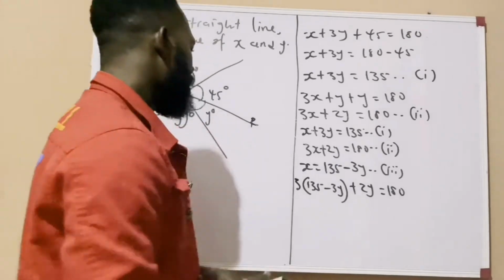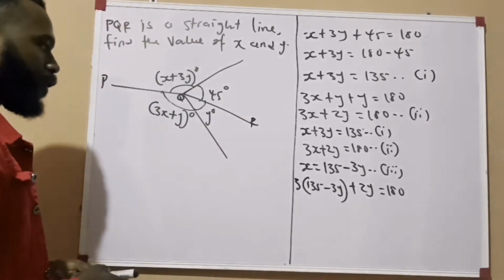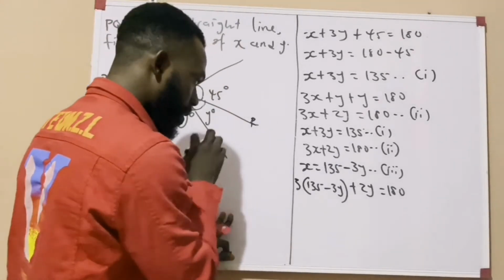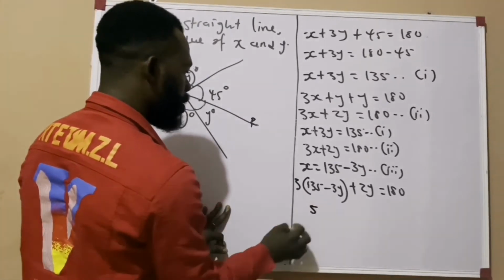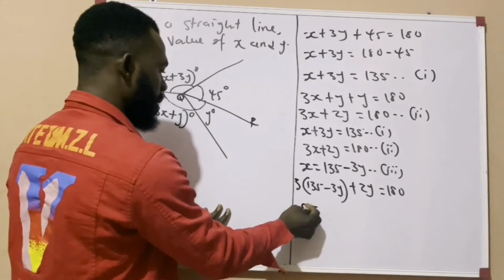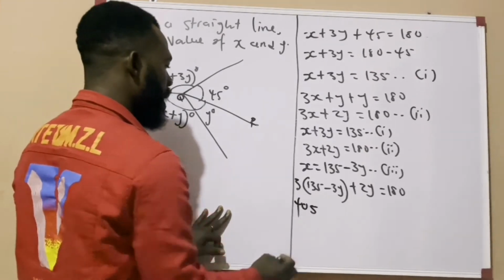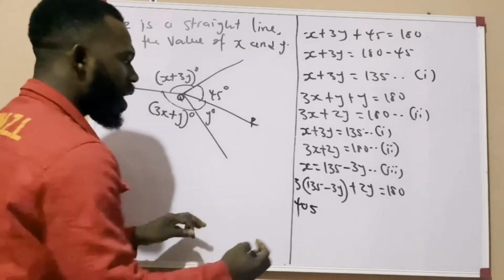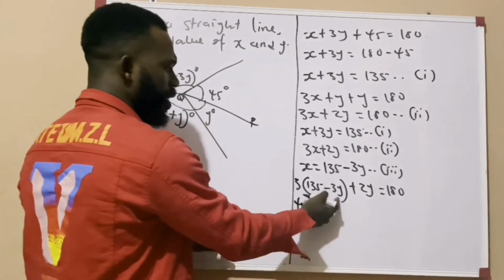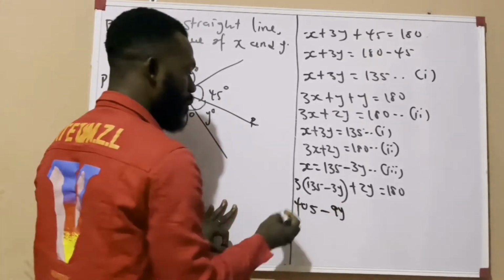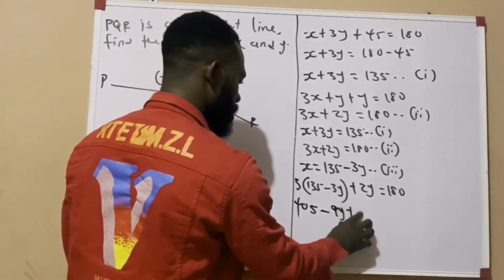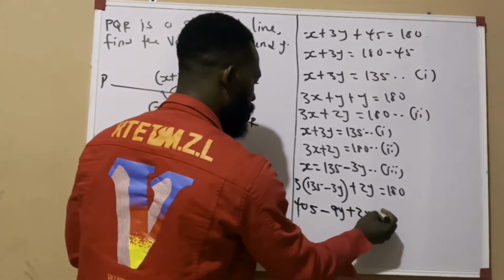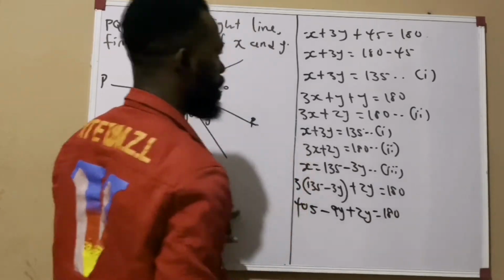Alright, now let's open the bracket. 135 times 3 will give us 405. So we have 405 minus 3 times 3y, which gives us 9y, plus 2y equal to 180.